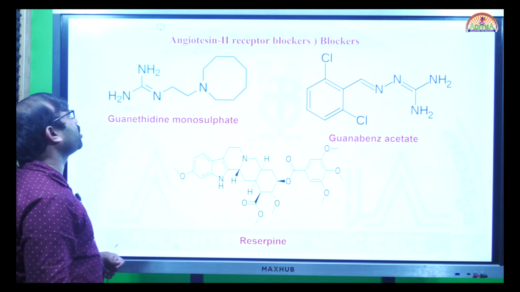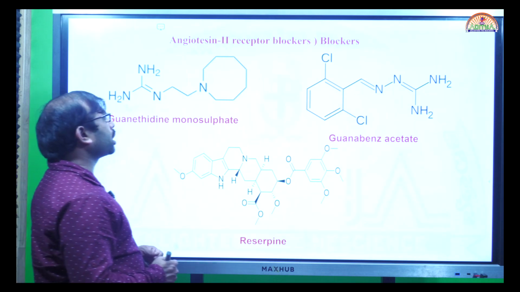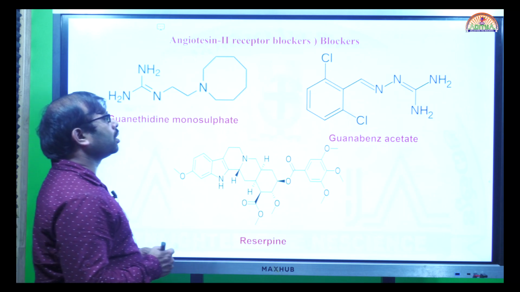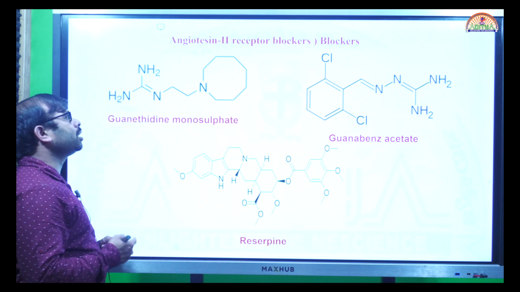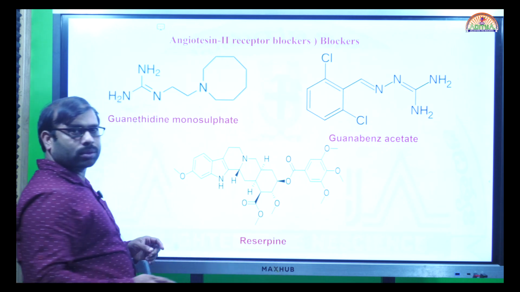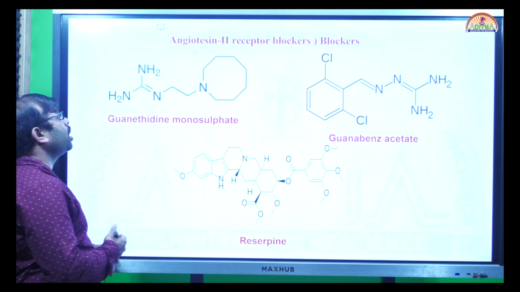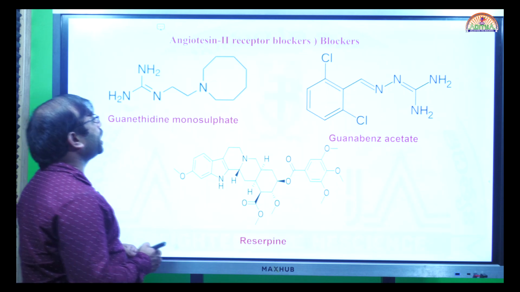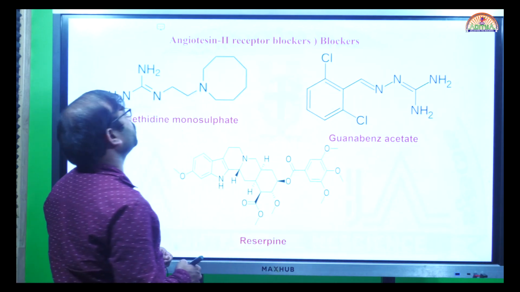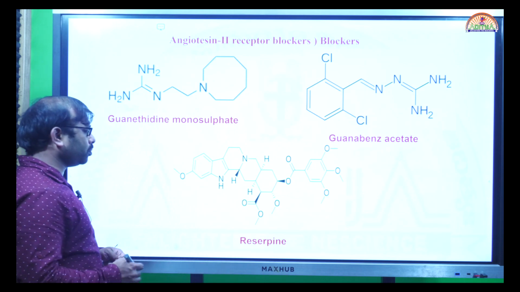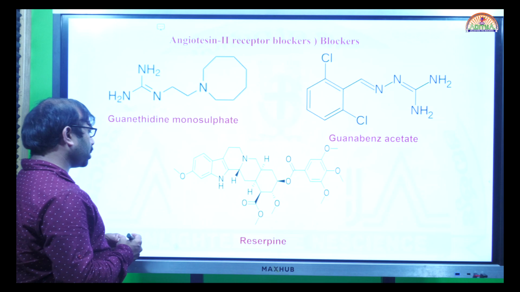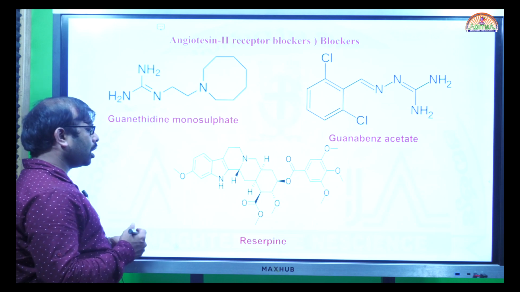Another class of molecules is not the angiotensin-converting enzyme inhibitors. These are adrenergic, beta adrenergic. Another class of molecules are guanethidine monosulfate, guanabenz acetate, and reserpine.